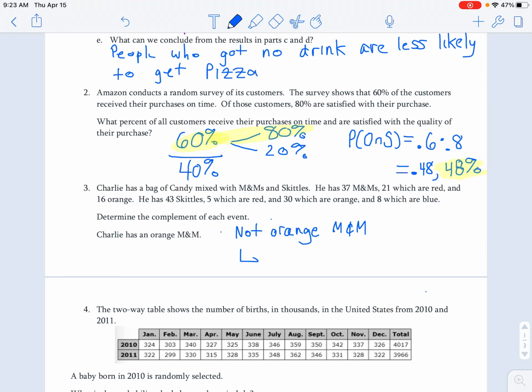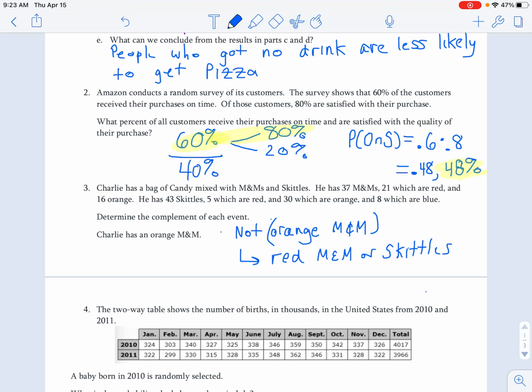So what this would be is a red M&M or Skittles. Could be any Skittles. It just has to be not an orange M&M, so it could be the red M&Ms or just Skittles in general.